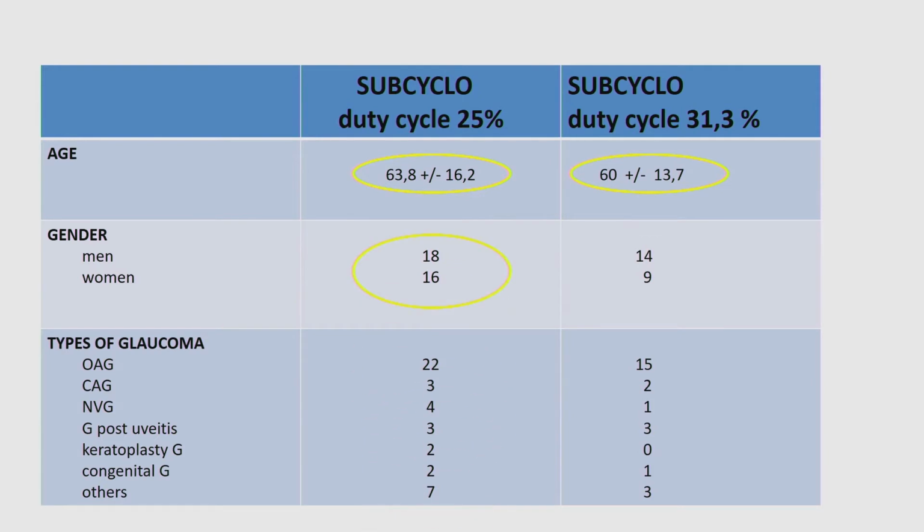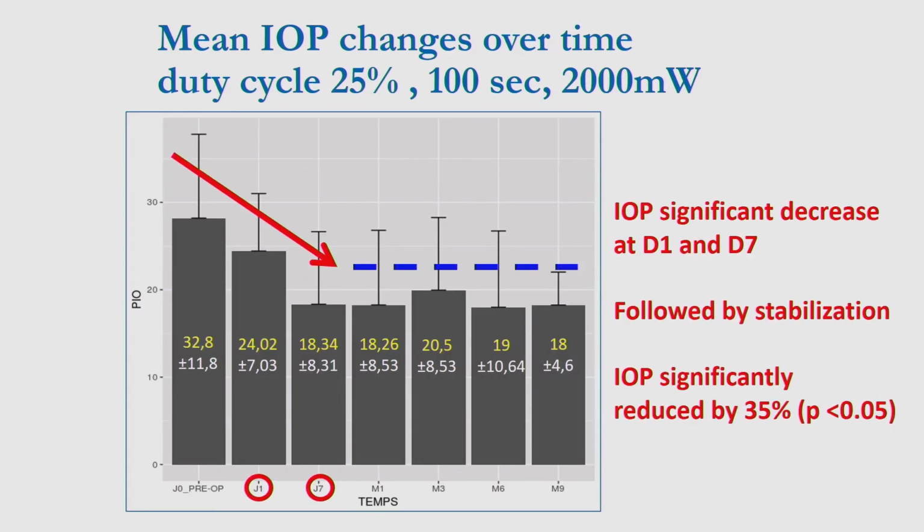This table shows the average age and gender in the two groups and the different types of glaucoma we treated. Then this table shows the results. In the first group, there was a decrease in the IOP at day 1 and day 7, followed by stabilization, with a reduction of about 35% at the end of the follow-up.